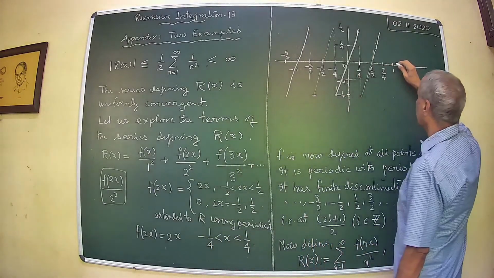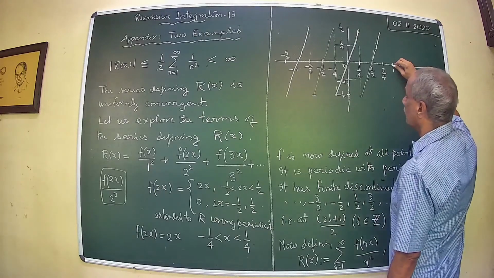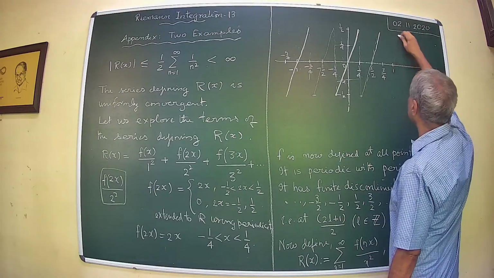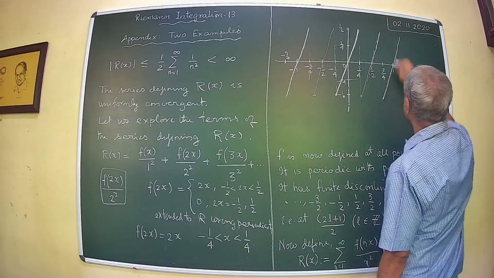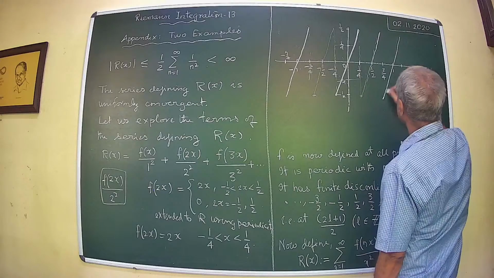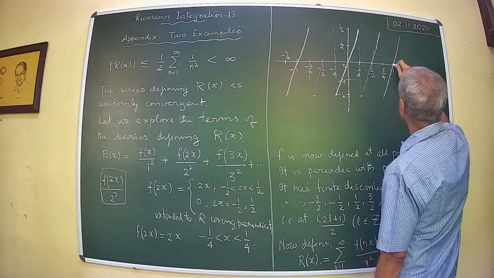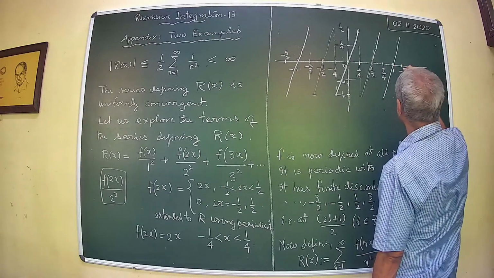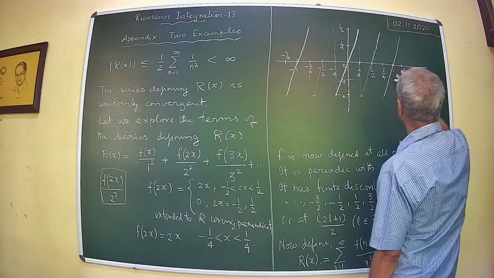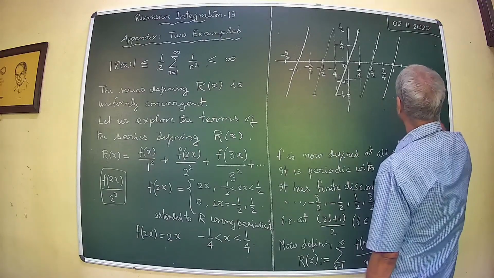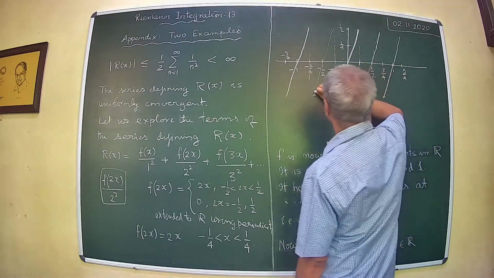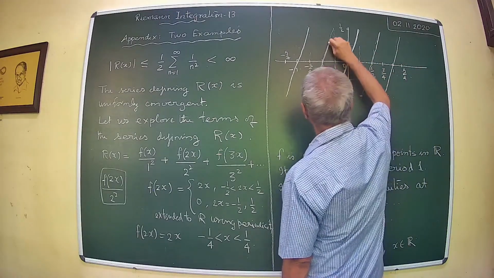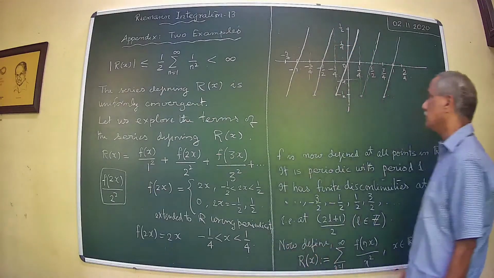And similarly, here we are going up. This is a sort of the graph of the function f of 2x.